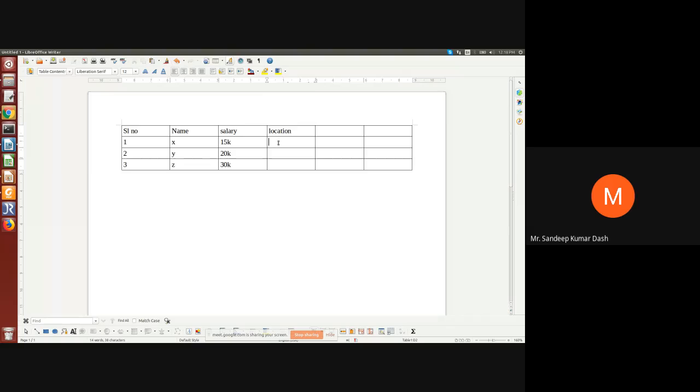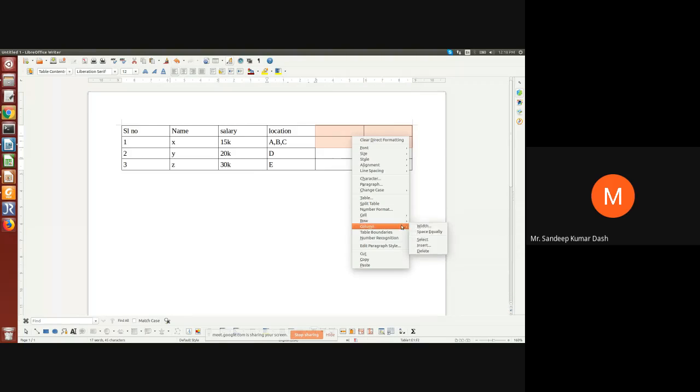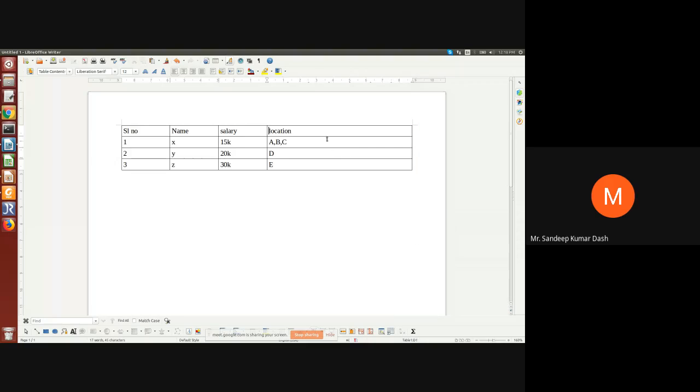Location is A, B, C. Here only one location, here only one location. Now suppose these two were not there. So this particular design is not meeting the requirement because here I am storing non-atomic values under an attribute.